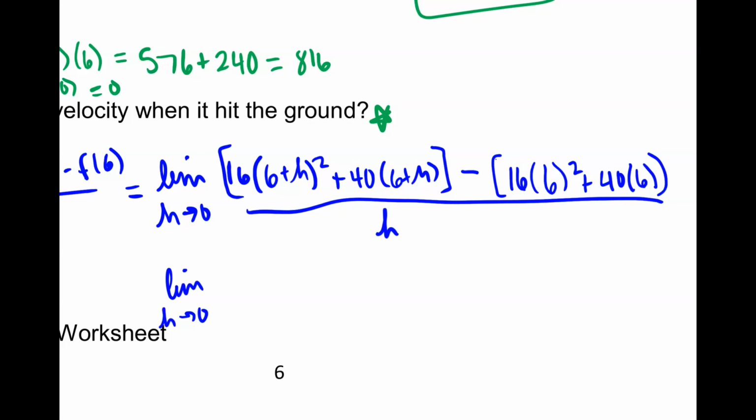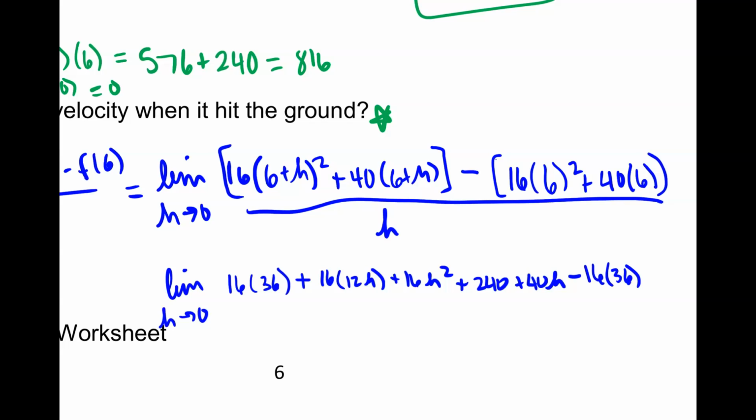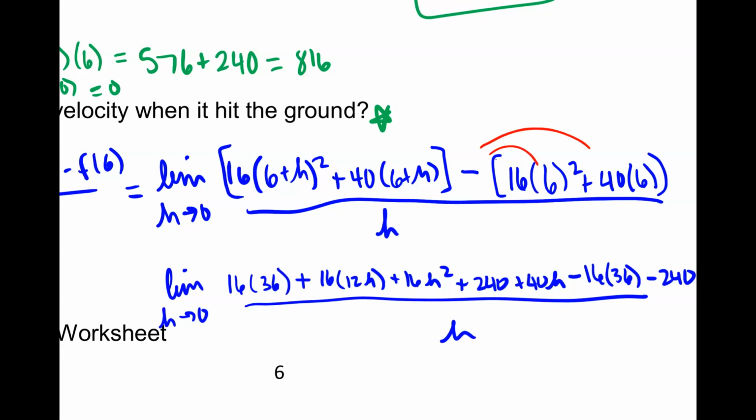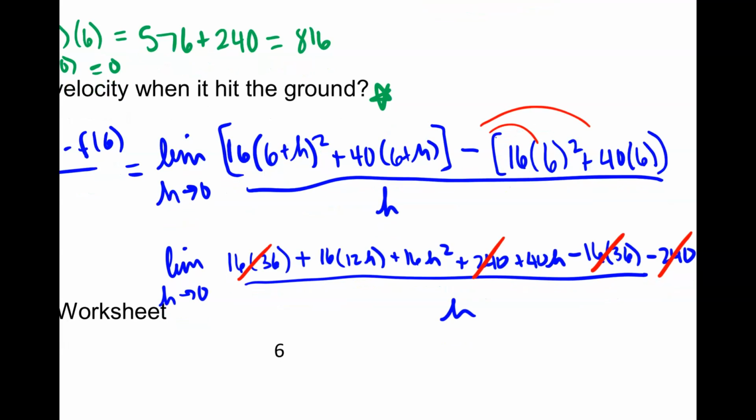So 16 times 36, and then plus 16 times 12h, plus 16 times h squared. Plus 40 times 6, so that's plus 240, plus 40h, and then we're subtracting 16 times 36, and then subtracting 240 all over h. So this last part was me distributing this out, and since I knew this was canceling, I'm not going to bother doing the math right there. Okay, cross out. All right, we're simplifying a little bit.